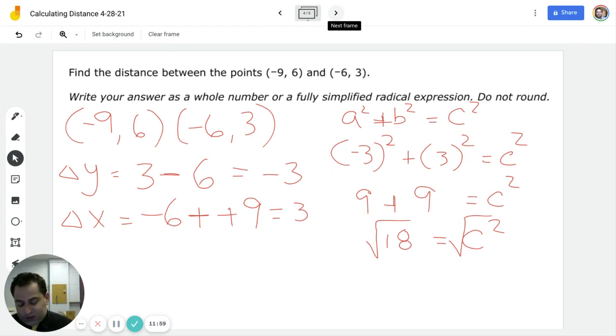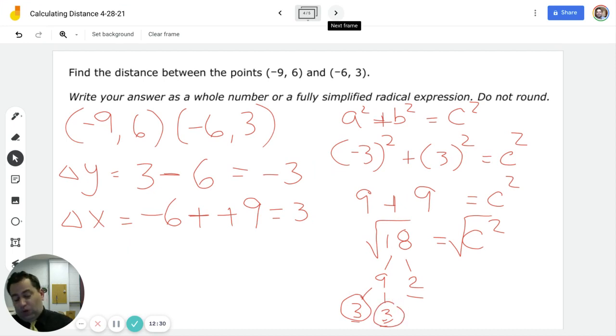So 18, we know it's 9 times 2. I know 2 is a prime number, so I'm going to keep 2 like that. And then 9 happens to be a perfect square. 9 happens to be 3 times 3. And I know 3 is also a prime number. So what I have is 2 3's, but I only have 1 2.